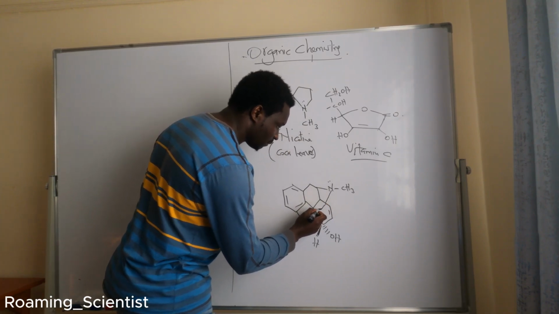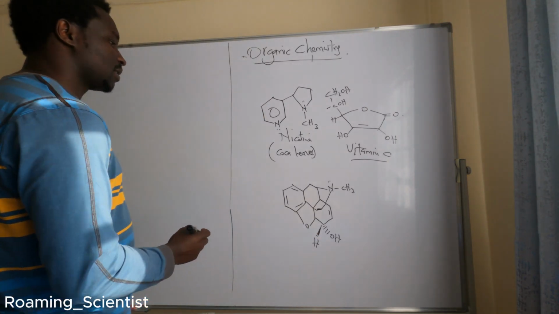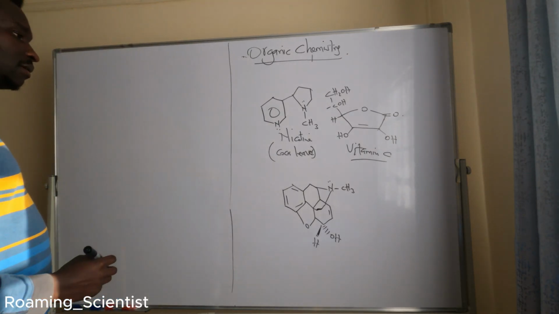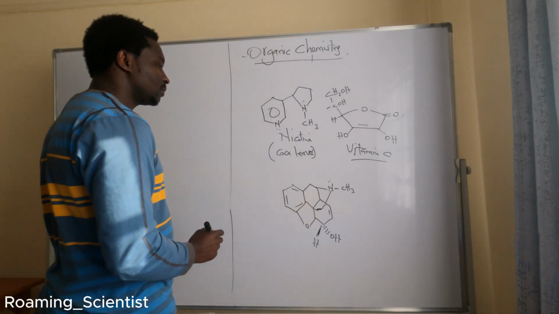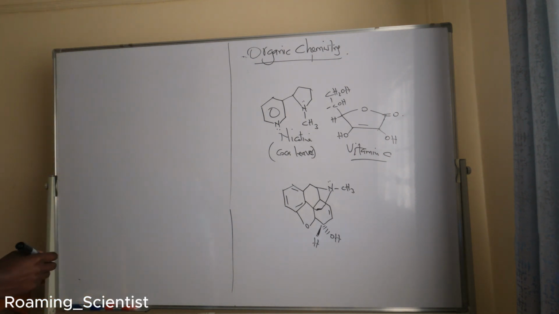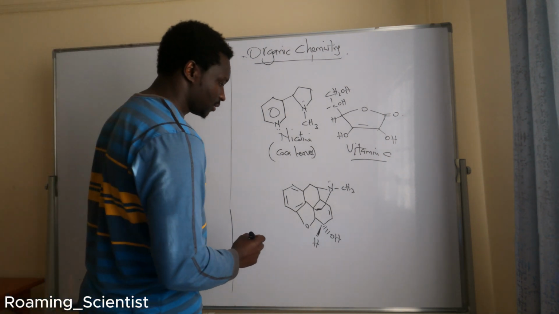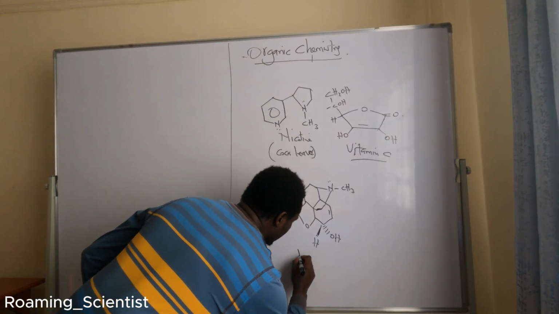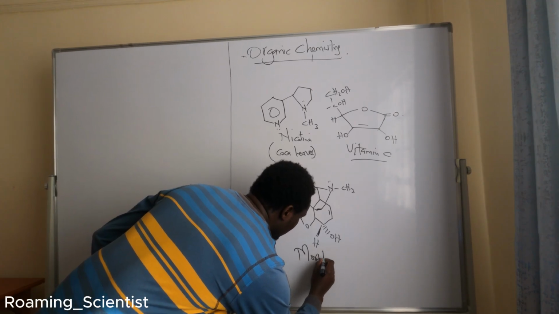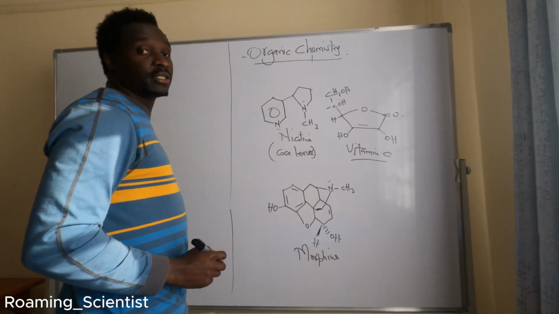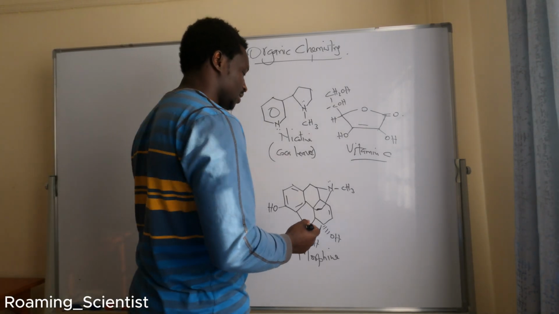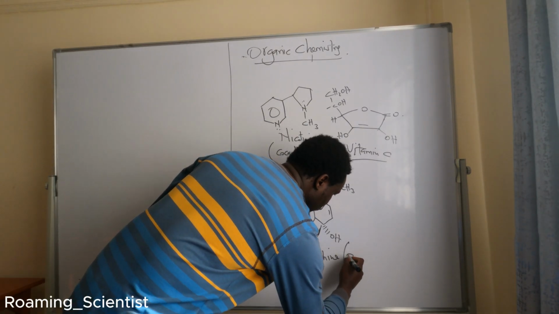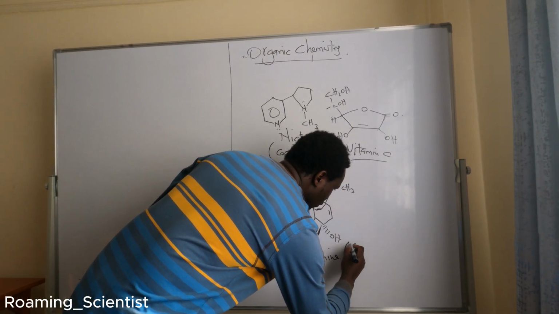There's some stereochemistry here. That thick bond connecting to nitrogen. So this compound here is called morphine, which is used as a pain reliever, as a painkiller, strong painkiller.